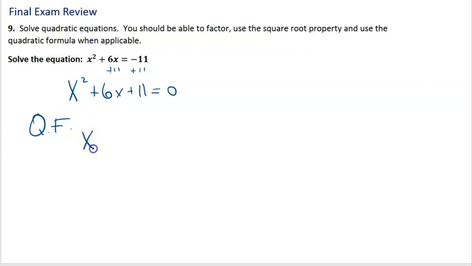Very important to have quadratic formula skills. So here I go. x is equal to, remember, negative b. By the way, if you need to list what a, b, and c are, let's do it. So a is 1. a is always the number times x squared. b is 6. b is always the value times the x, the x coefficient. c is 11.